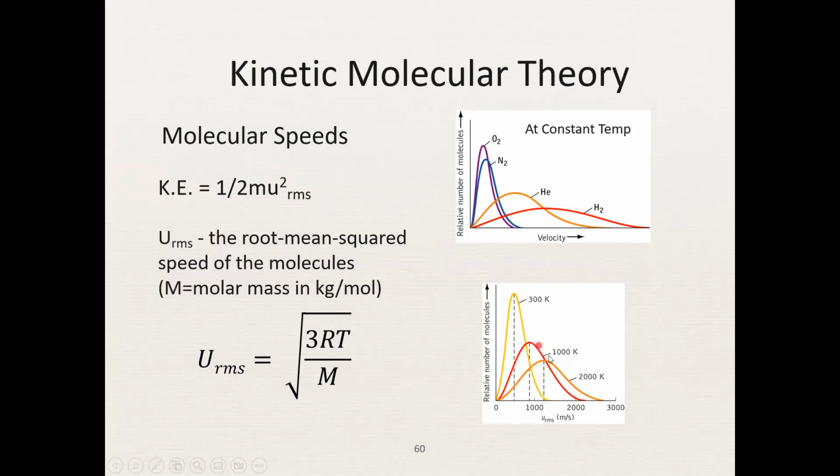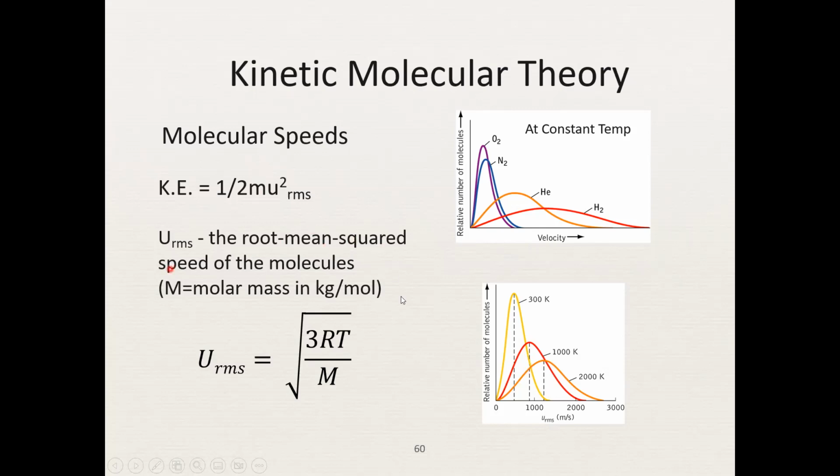So we could have any gas since it's not really specific. But we're just going to have one single gas, and we're going to have it at different temperatures here. So now what we're seeing is as the temperature increases from 300 to 1,000 to 2,000, we're increasing the kinetic energy, but the mass is going to stay the same. So that's why we see the velocity increase.